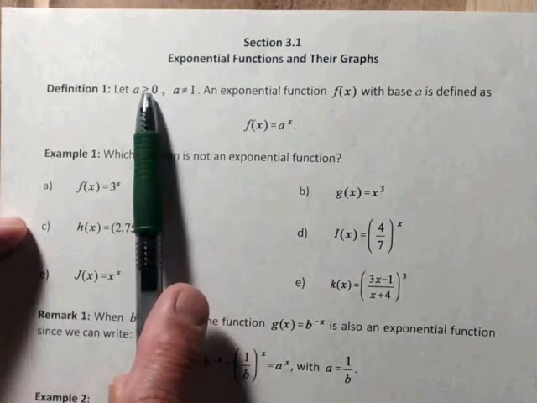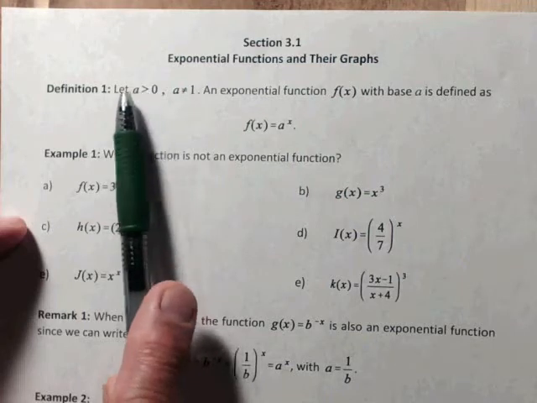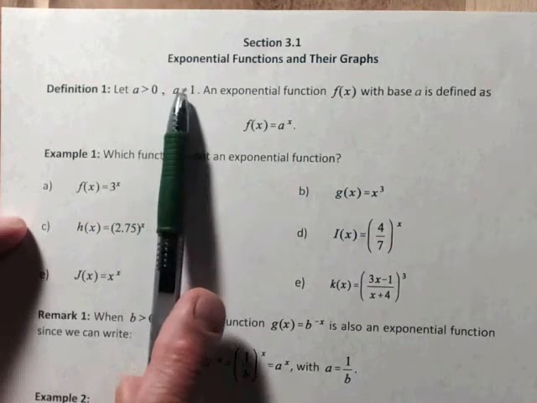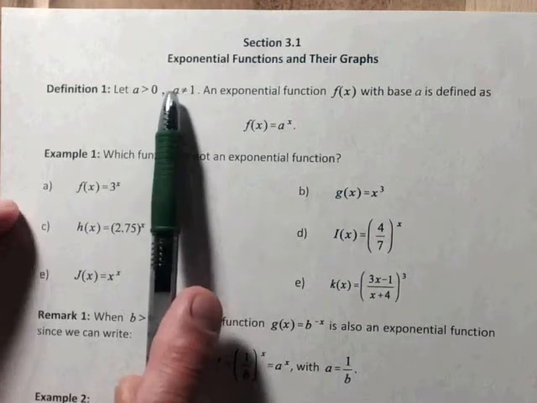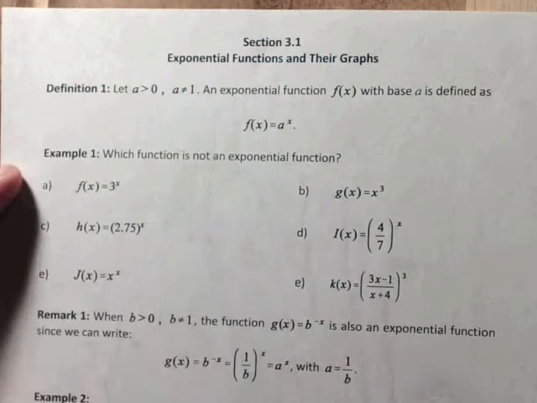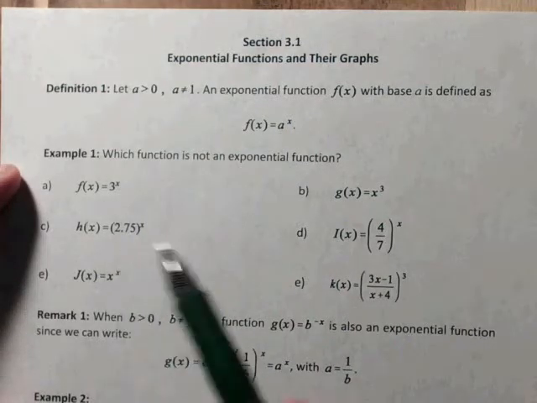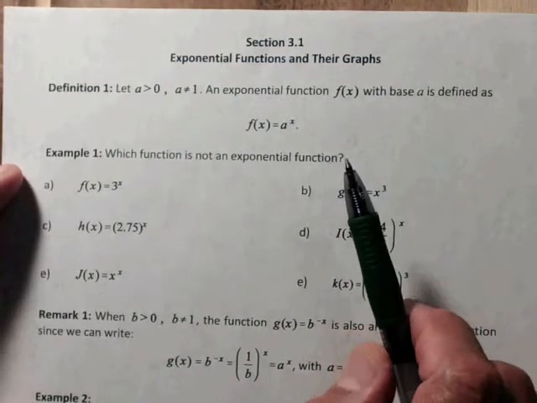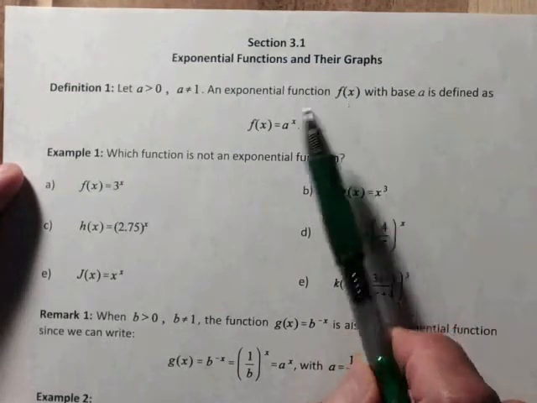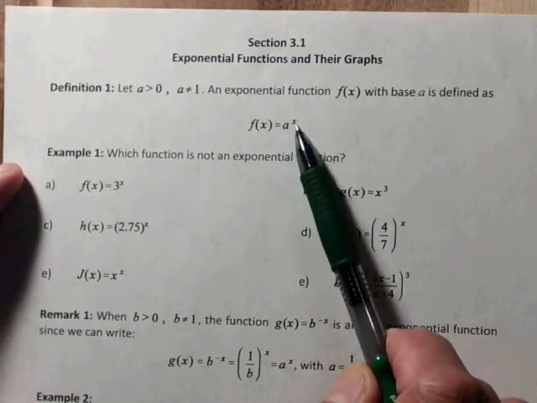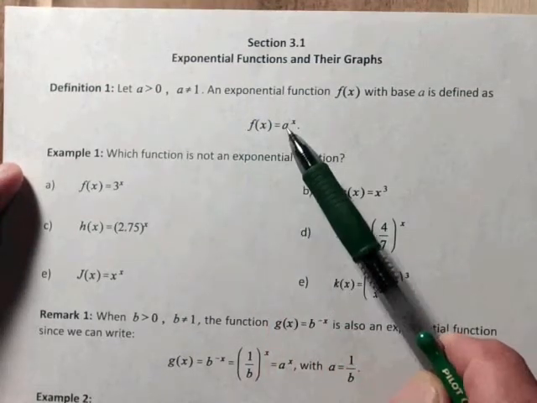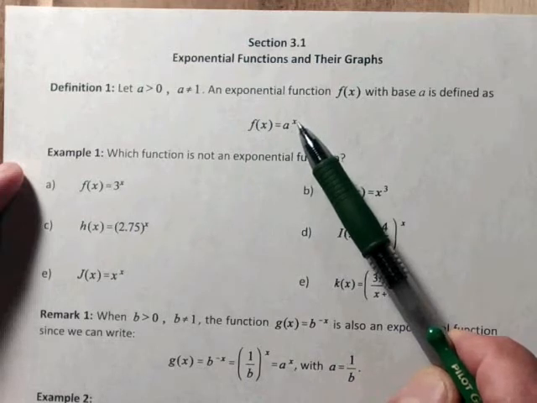So a has to be not negative or 0, bigger than 0, and not 1. So it could be between 0 and 1 or bigger than 1. And of course x represents your variable, and then the function f of x is defined by a to power x. So this a that we chose, this real number, is the base, and your variable x is the exponent.